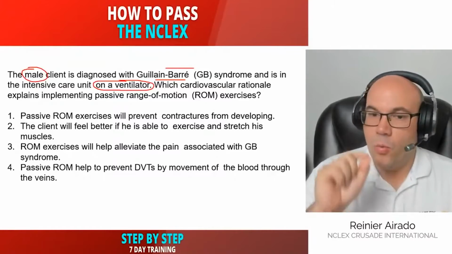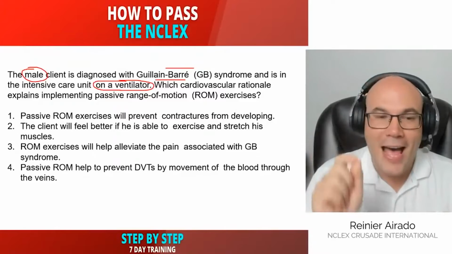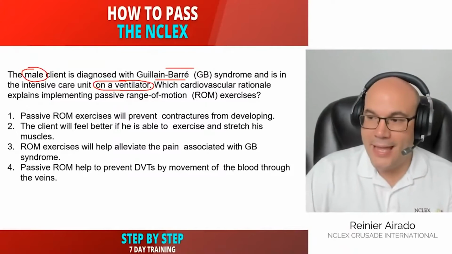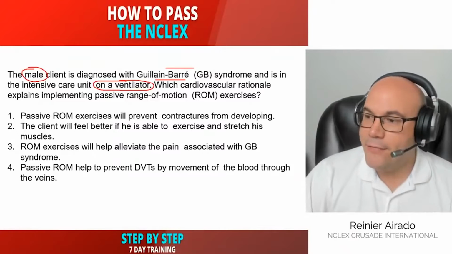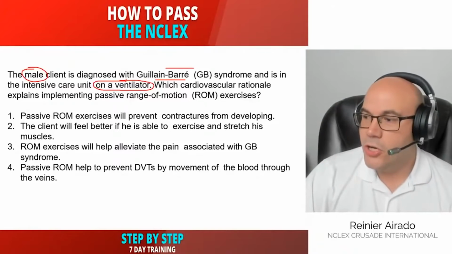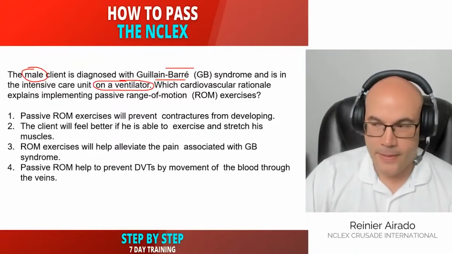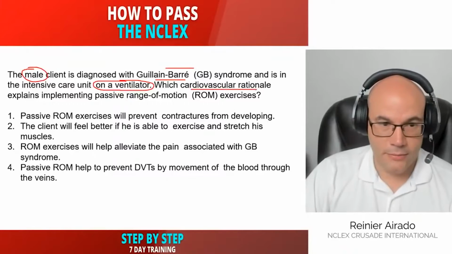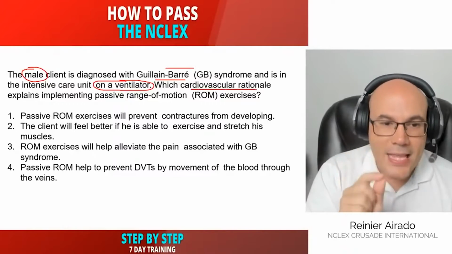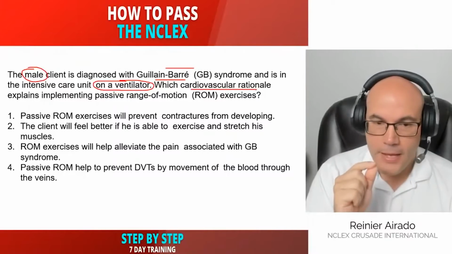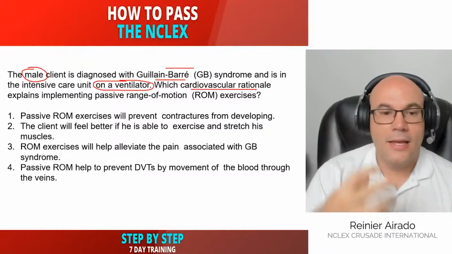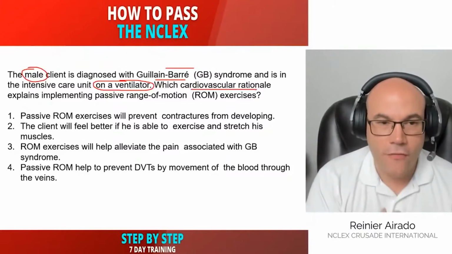Now, read the next question. It says, which cardiovascular rationale explains implementing passive range of motion exercises? Cardiovascular rationale. So the answer that you're looking for needs to have a relationship with the cardiovascular system.